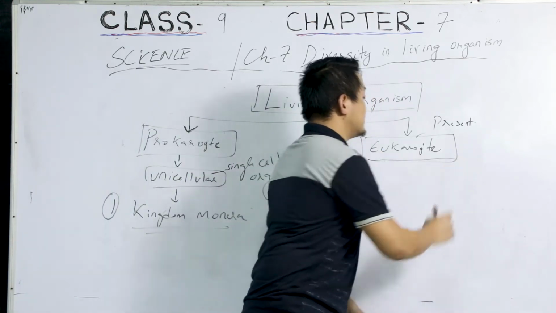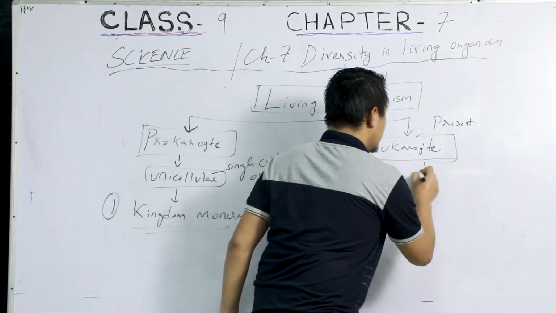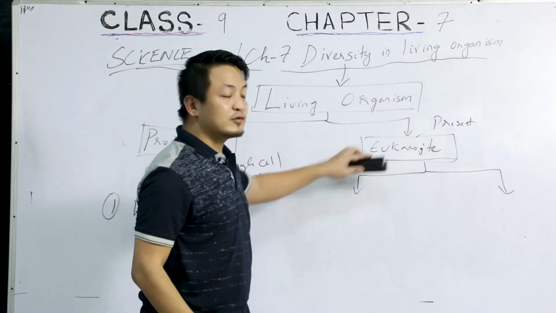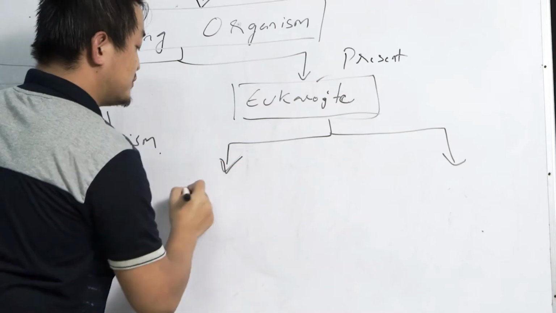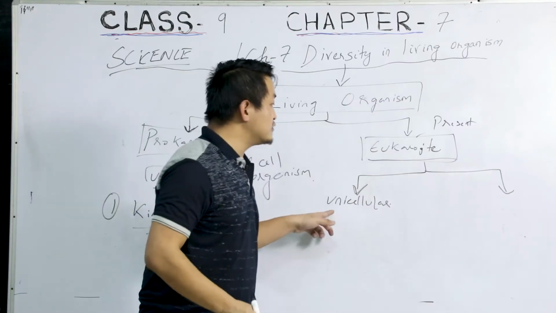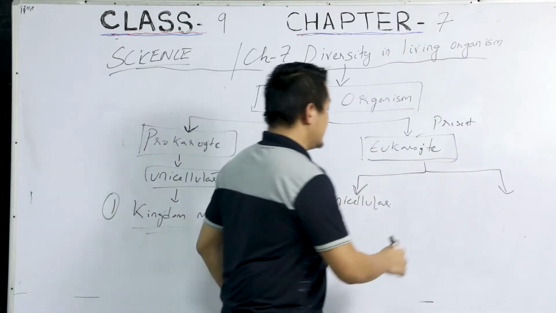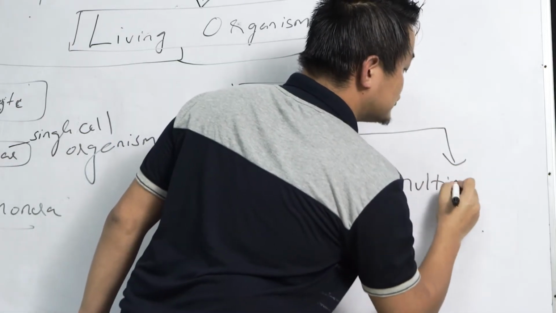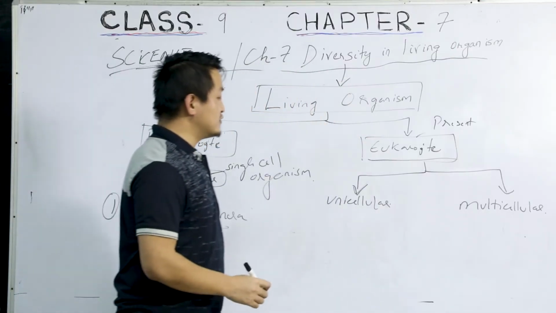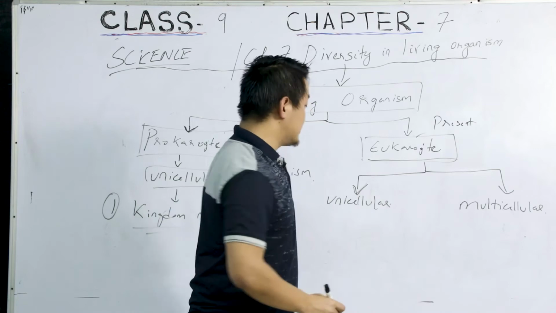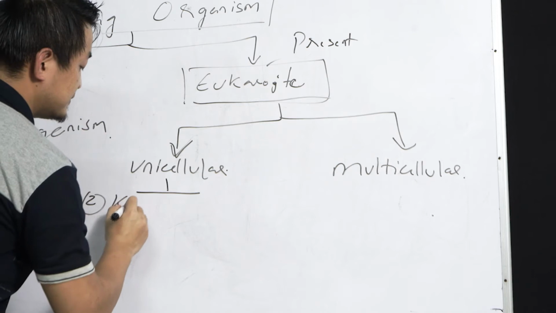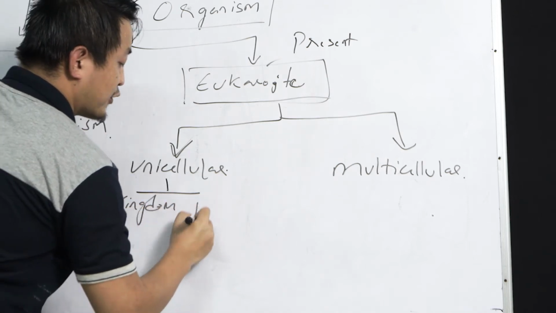Now under eukaryote, what will we do? Now, under eukaryotic cells, we have two types: unicellular, okay, unicellular eukaryotic, and multicellular. Clear? Unicellular and multicellular. So under unicellular, we'll have the second kingdom, that is kingdom Protista.